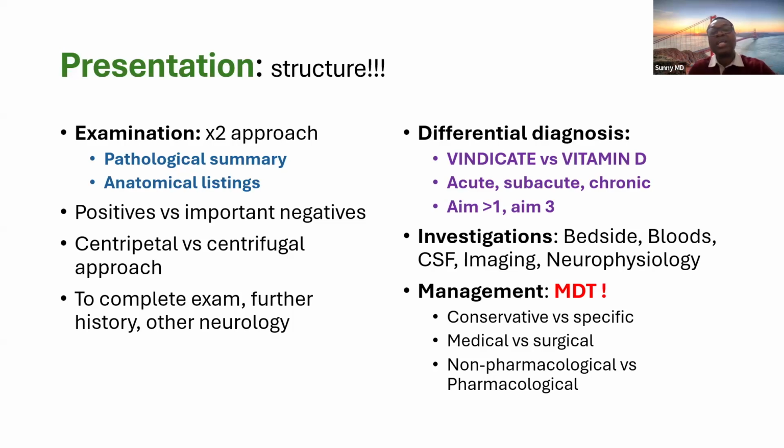But don't mention that first. But just saying, in your presentation you can demonstrate to the examiner that you are well aware of the acuteness or subacuteness or chronicity of this condition.